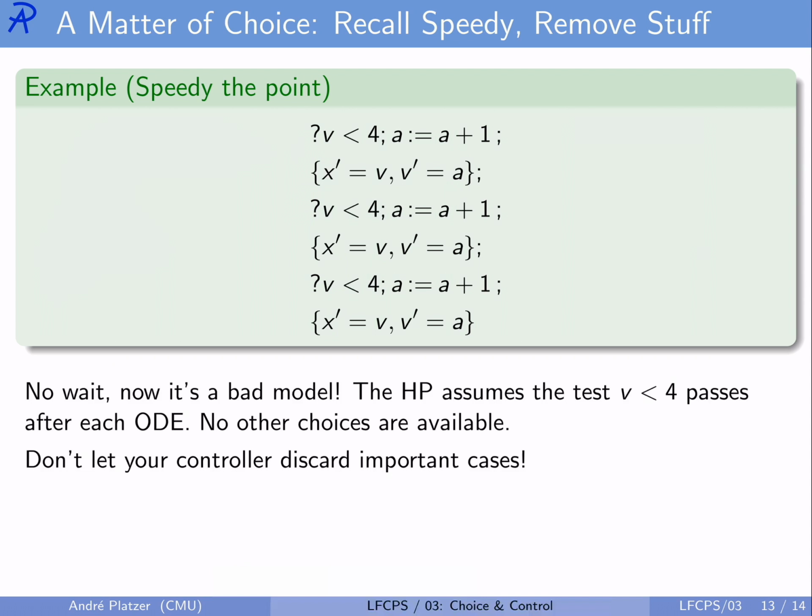In other words, this is a bad model. The hybrid program assumes the test to pass after each ODE. No other choices are available anymore. Which means for you, please make sure that you don't let your controllers discard important control cases. You can check on them, but don't discard them.